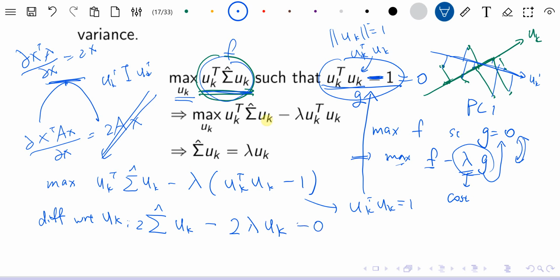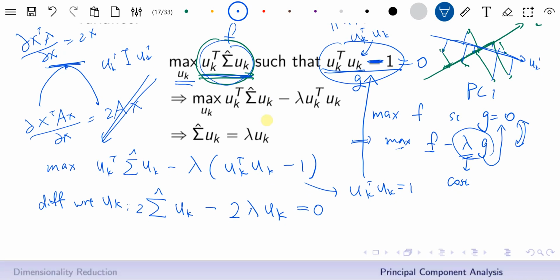So this is 0, and this is equal to 0. If you slightly change this, divide both sides by 2, and rewrite it as sigma hat UK is equal to lambda UK, you can see this is the expression for eigenvalue. So if we can solve for eigenvalues, we'll get lambda and UK at the same time.